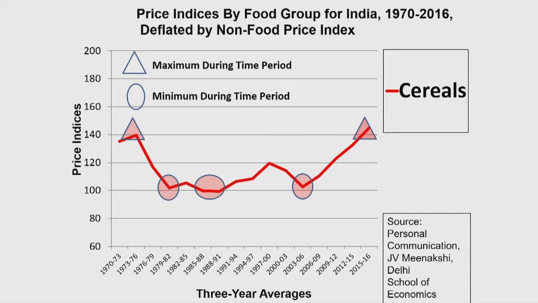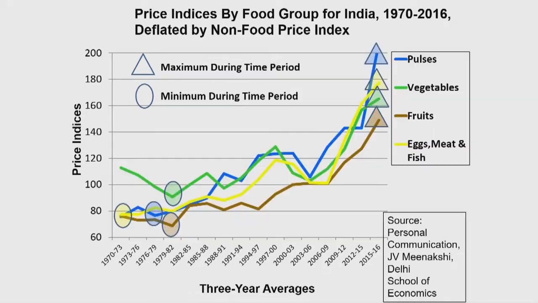Now, they've started to come back up again recently, but they're still just as low as they were in the 1970s. But the main point of this is to look at what happened to all the non-staple food groups. You can see that those prices have doubled and tripled over the same period.